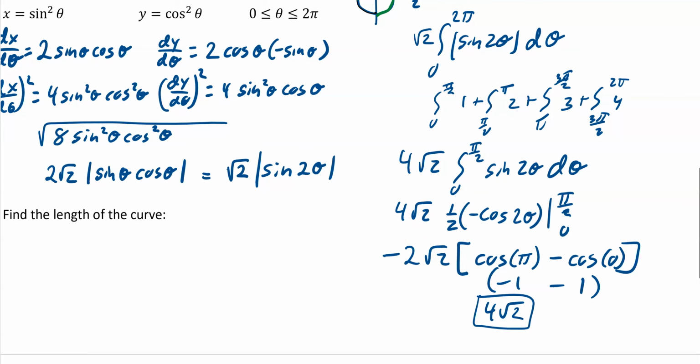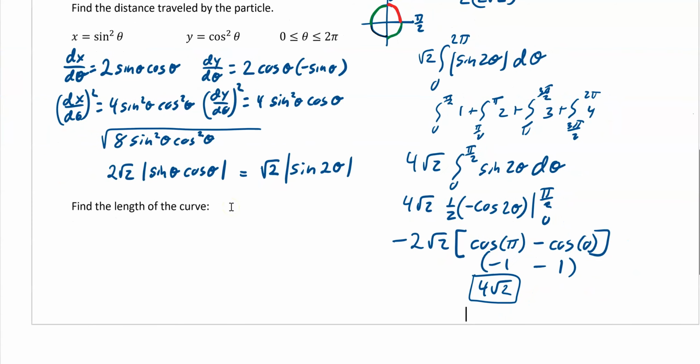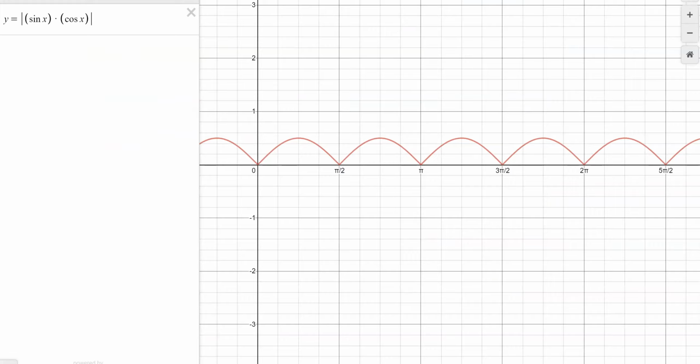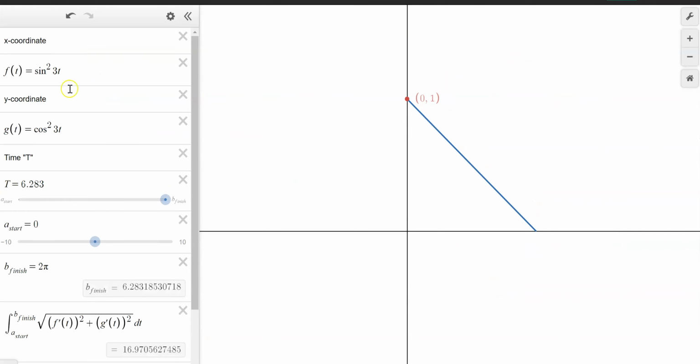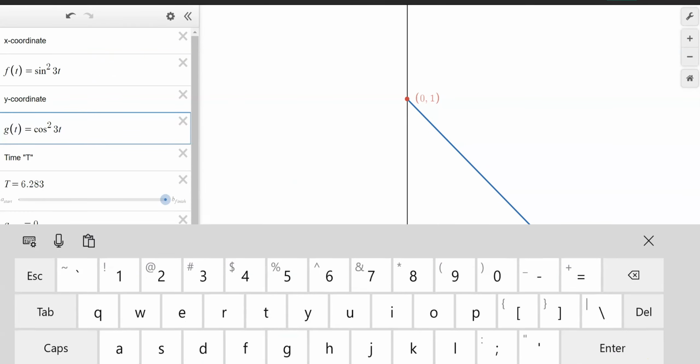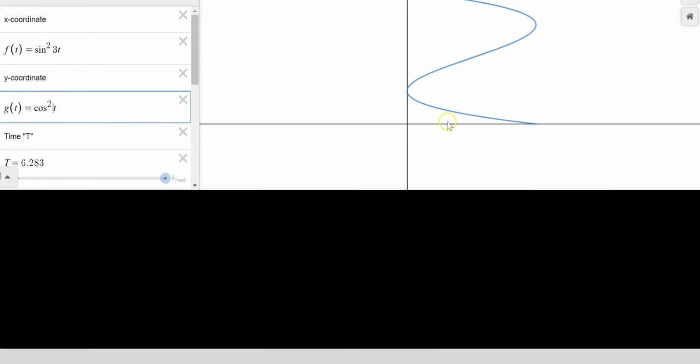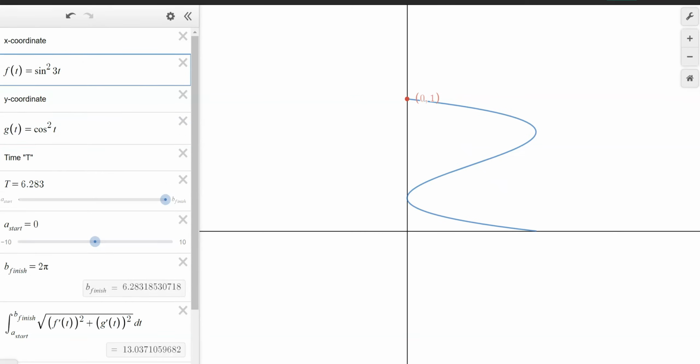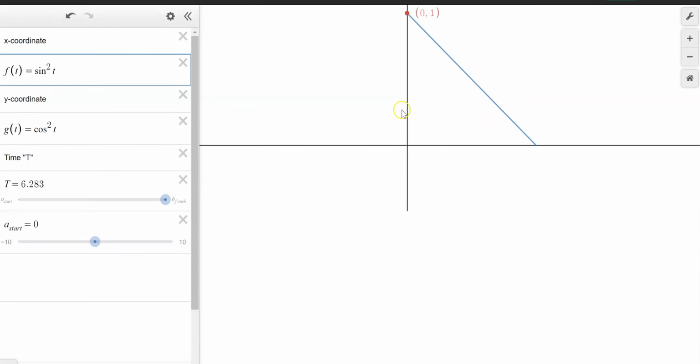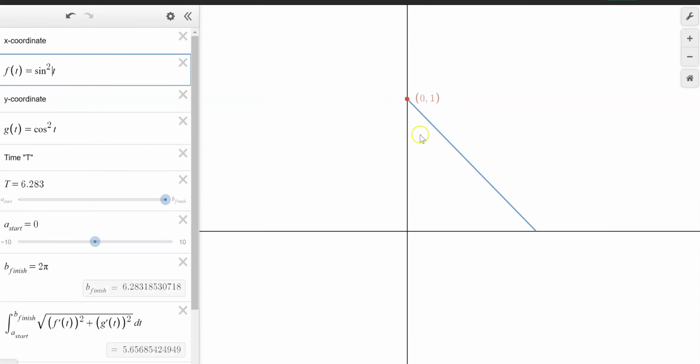Okay. So now what we just found was the total distance traveled by the particle, not the length of the curve. Because our curve, let's change this back, has not changed no matter what I did with the period, right? It's still the same thing. Our curve is just from here to here. That's the length of our curve.